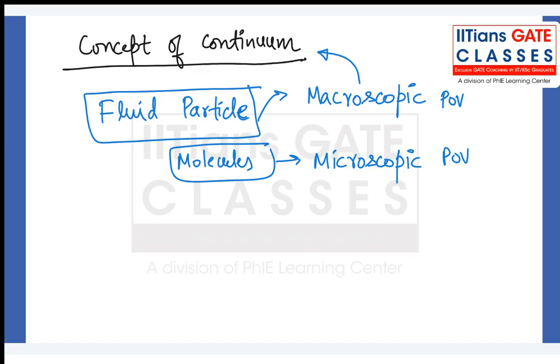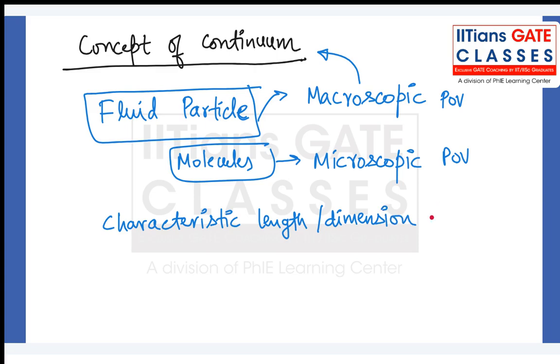How do we quantify this concept of continuum? It is with the help of two quantities. One is called characteristic length or characteristic dimension, which is denoted by LC.